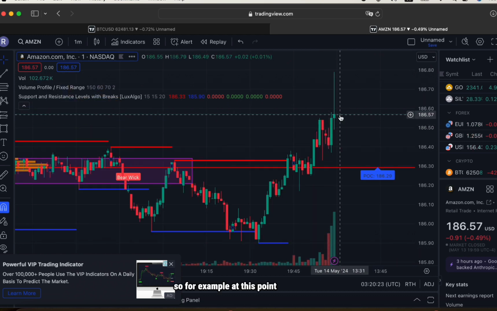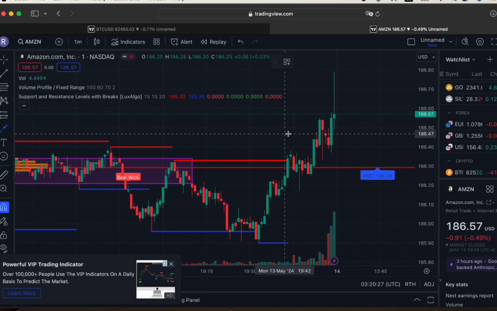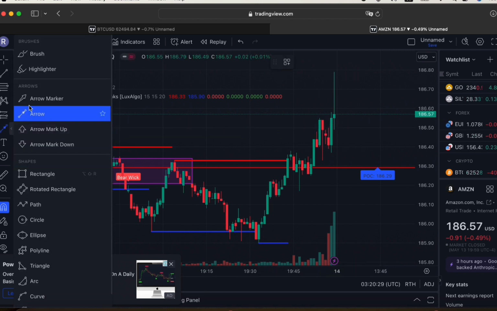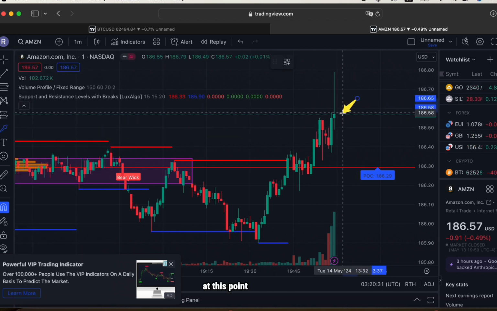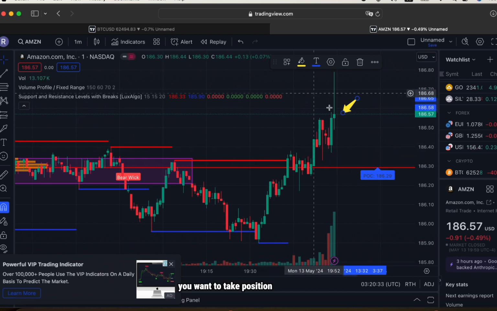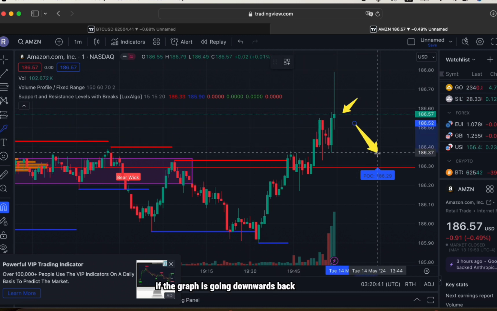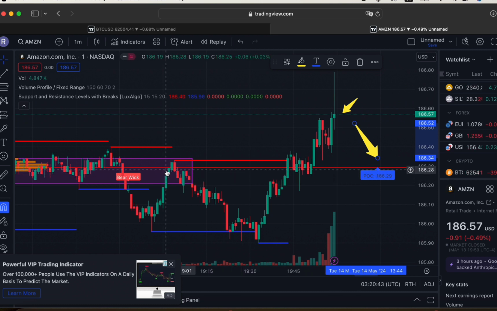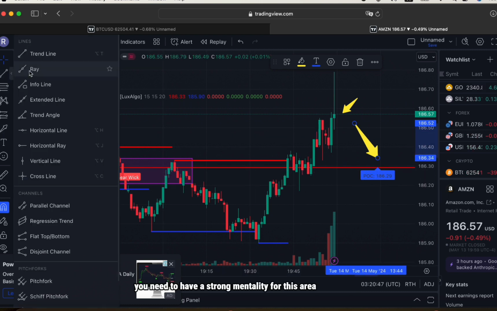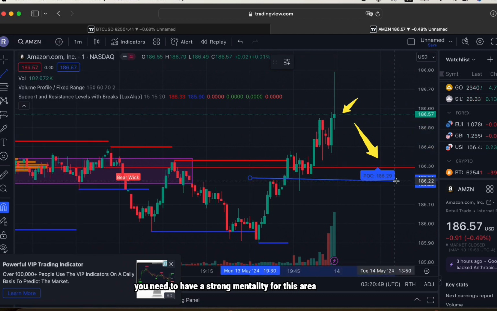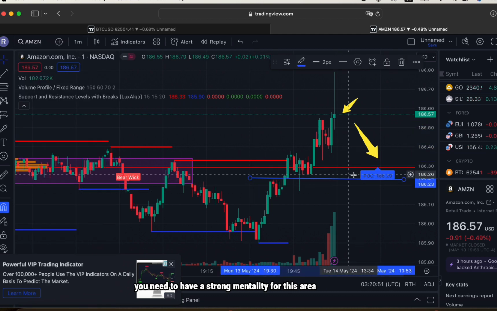So for example, at this point you want to take a position. Make sure that if the graph is going downwards back at this support and resistance line, you have a strong mentality for this area.